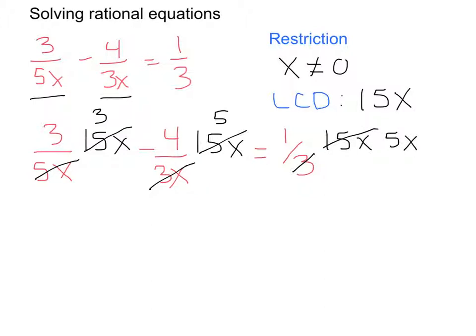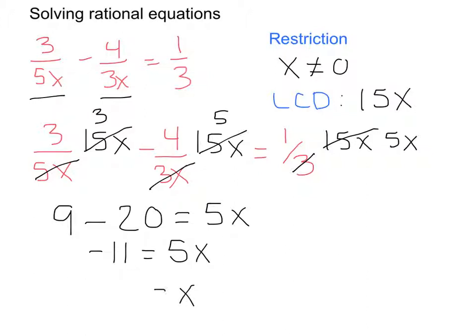Then how you simplify this is you multiply all of the numerators together. 3 times 3 is 9, minus 4 times 5 is 20, equals 5x. And now we just solve this problem like we normally would, by isolating x.